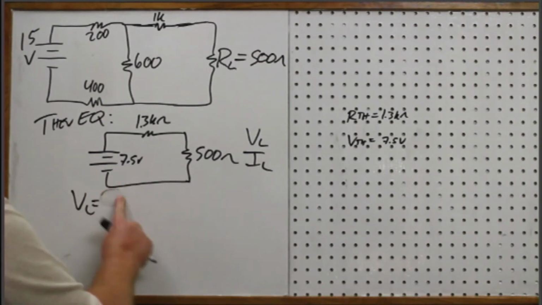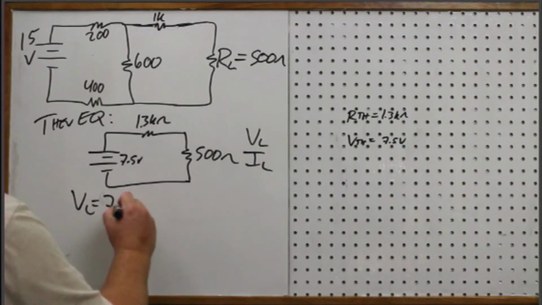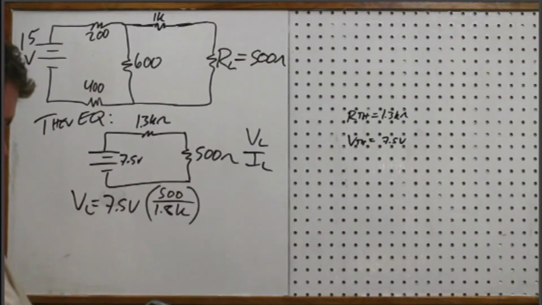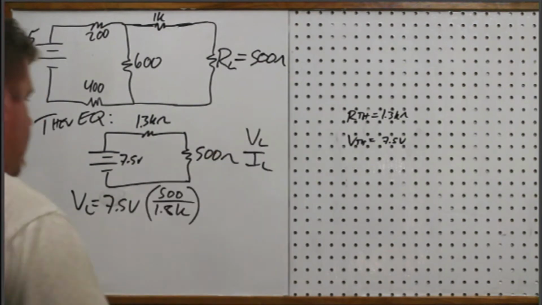Just voltage division, 7.5 volts times 500 over 1.8K, which is 1.3 plus 500. I haven't had to use my calculator yet. So that's 2.08 volts.